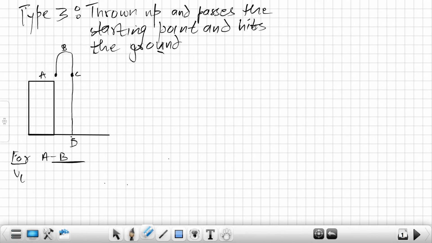I'll emphasize it again: V initial decreases as it approaches the maximum height.